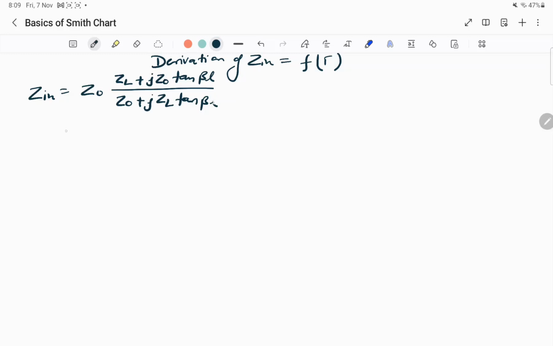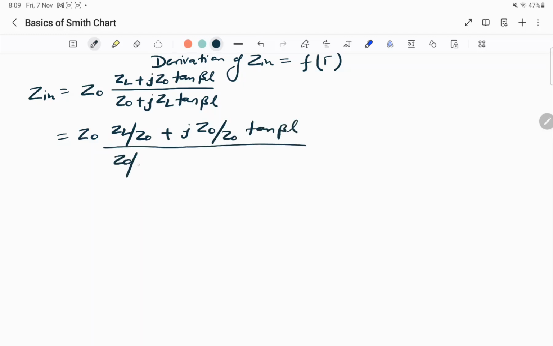Okay, now if you divide numerator and denominator with respect to the characteristic impedance, you will get (ZL by Z0 plus j times Z0 by Z0 tan beta L) whole divided by (Z0 by Z0 plus j times ZL by Z0 tan beta L).